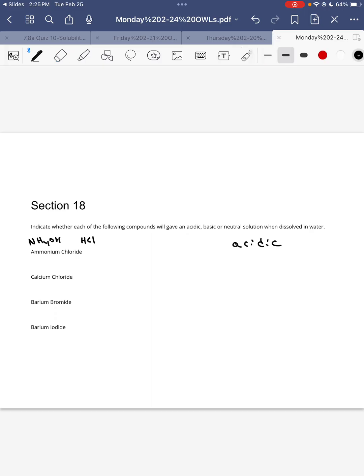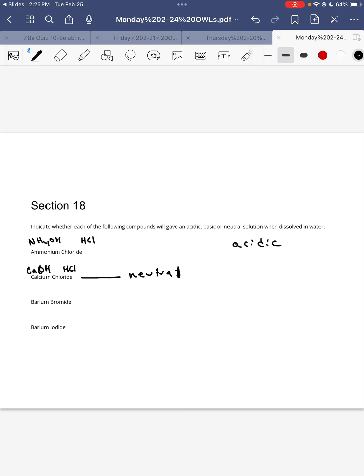Next, calcium chloride would form Ca(OH)2, which is a strong base. Chloride would form HCl, which is a strong acid. So this is going to be neutral, strong and strong.